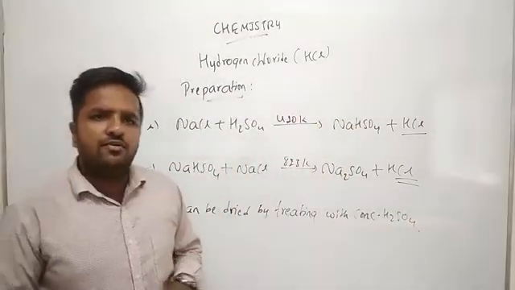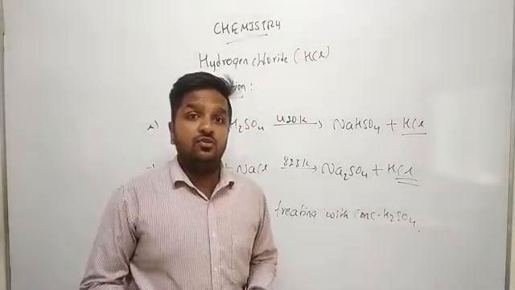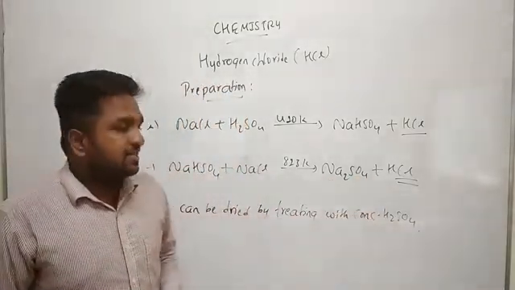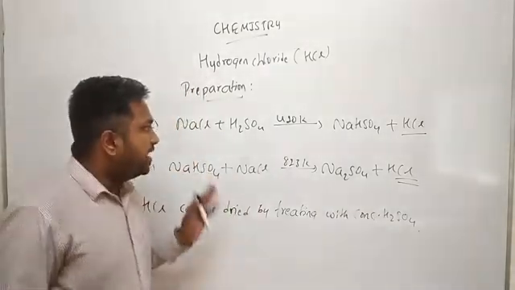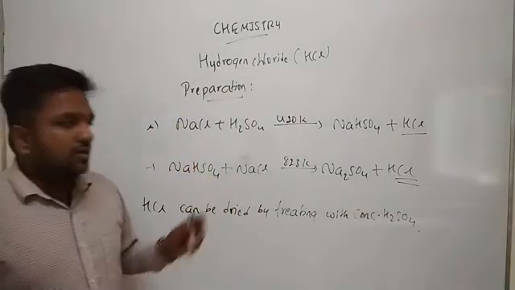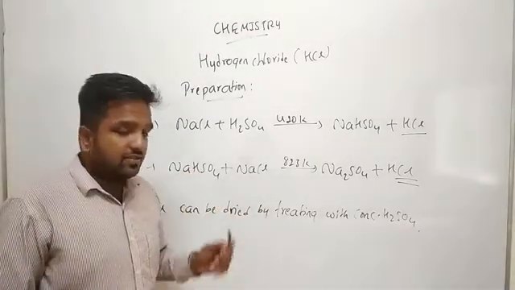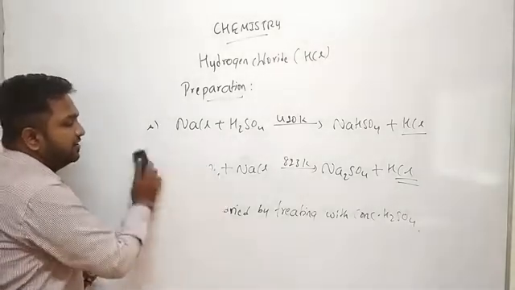We have seen in our previous videos also that concentrated sulfuric acid is a good drying agent. Clear? So here also concentrated sulfuric acid is used in order to dry hydrogen chloride, which is obtained by treating sodium chloride with sulfuric acid and NaHSO4, that is sodium bisulfate, with sodium chloride. Clear? So this is regarding the preparation of hydrogen chloride.